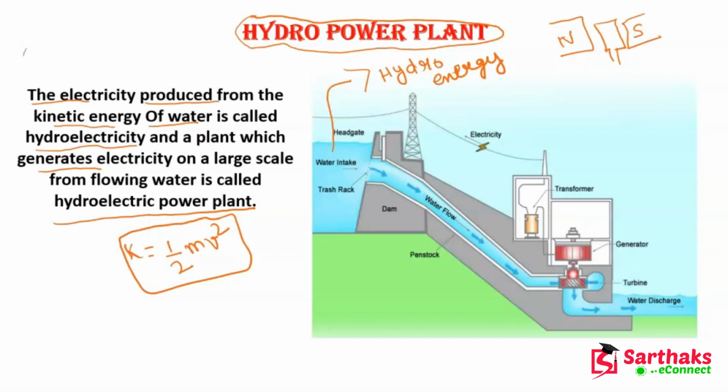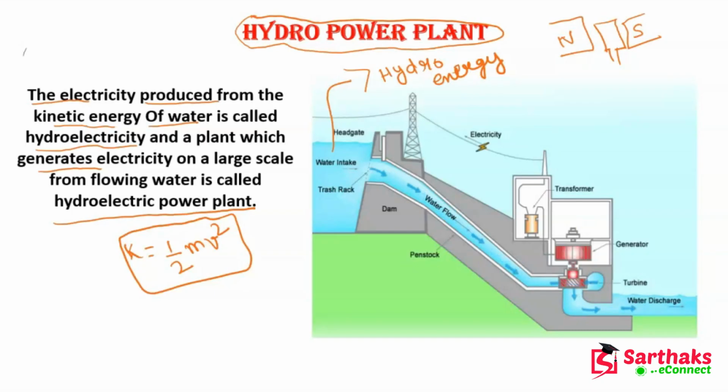When it reaches this turbine, its speed will be very high, so due to the speed of this water, kinetic energy is stored. This stored kinetic energy will make the turbine rotate when the water hits the turbine here.